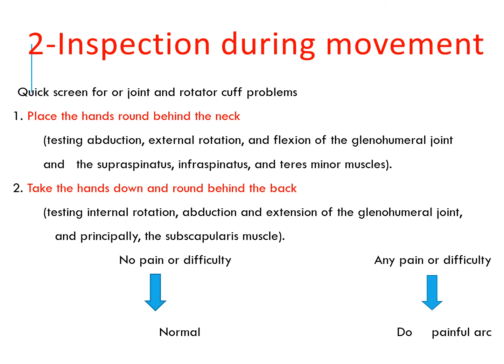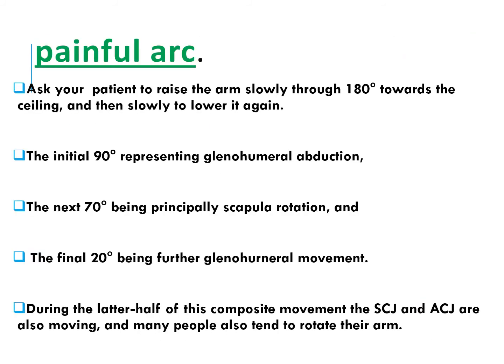If there is any pain or difficulty while performing these actions, then do the painful arc motion. What about the painful arc? Ask your patient to raise the arm slowly through 180 degrees towards the ceiling, and then slowly lower it again.